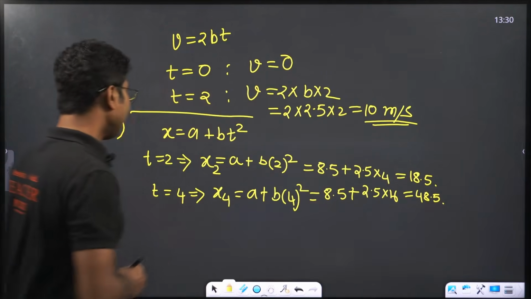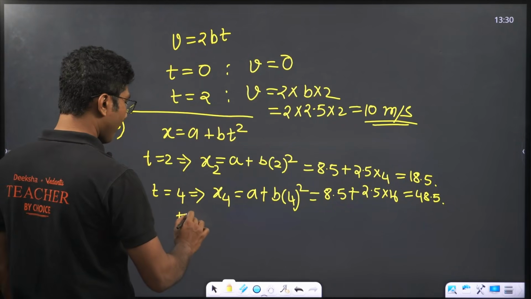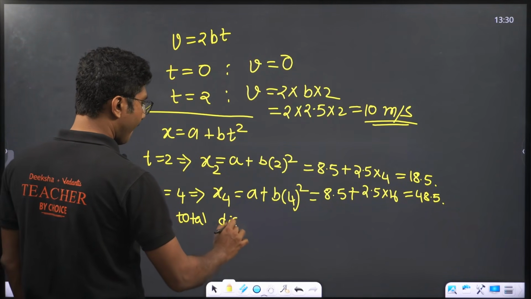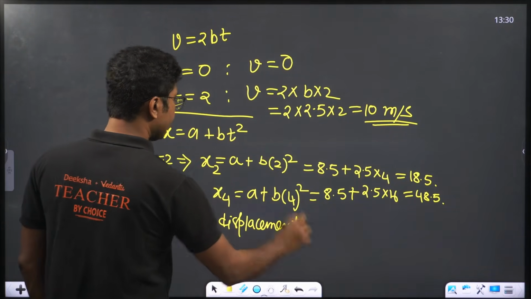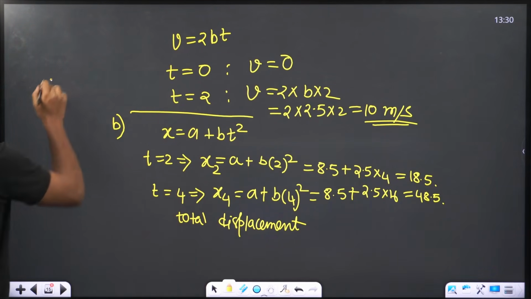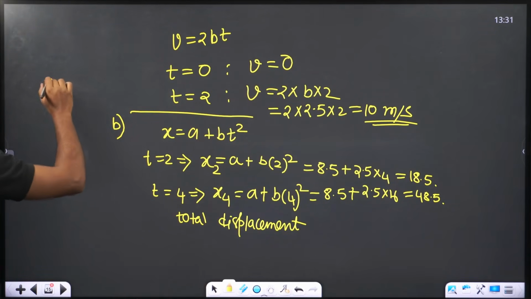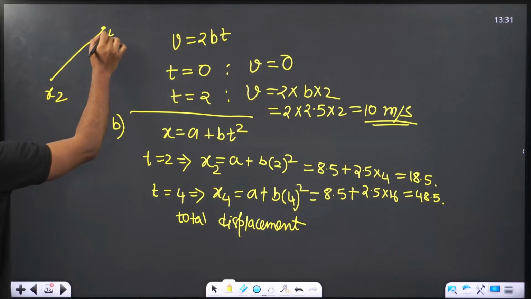So what is the net displacement? Total displacement. Initially the object was at x2, that is 18.5, and finally the object was at 48.5, that is x4.